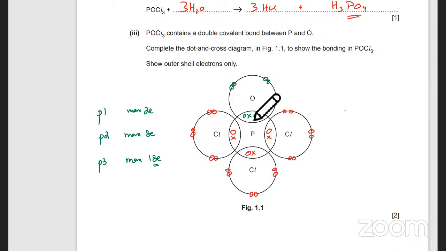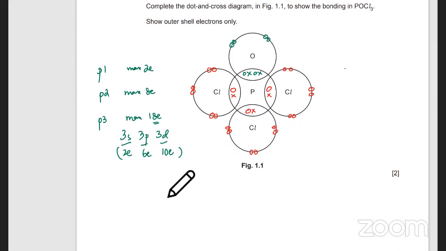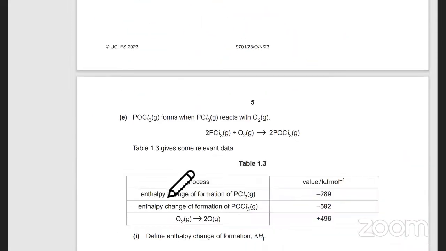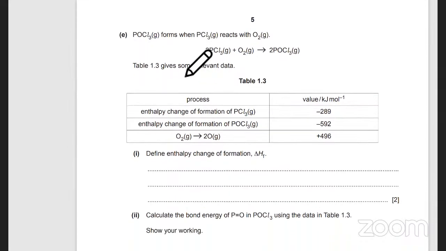So phosphorus can have much bigger shells. मतलब phosphorus की electronic configuration में, the third shell का outer shell होता है ना, that's 3s, 3p and 3d, so that's 2 electrons and that's 6 electrons and that's 10 electrons, ठीक है। So it can possibly have a maximum of 18 electrons, ठीक है। Okay.